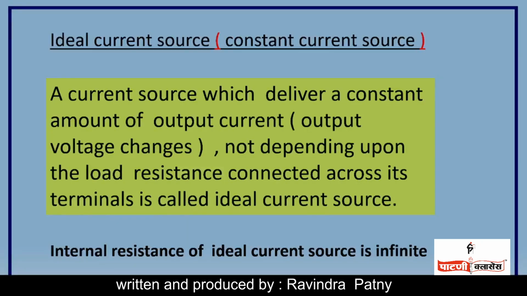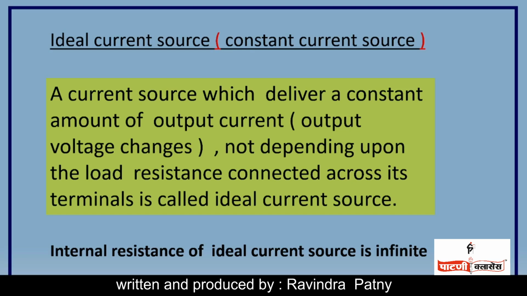Ideal current source. It is also called a constant current source. A current source which delivers a constant amount of output current, with output voltage changing, not depending upon load resistance connected across its terminals, is called an ideal current source.